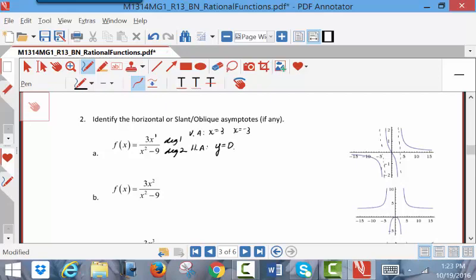Y equaling 0. That's by memorization. So your x-axis is a horizontal asymptote. Here's your horizontal asymptote. Here's a vertical asymptote. And here's another vertical asymptote for this rational function that's given to you already graphed.